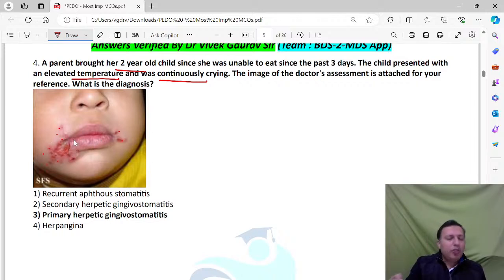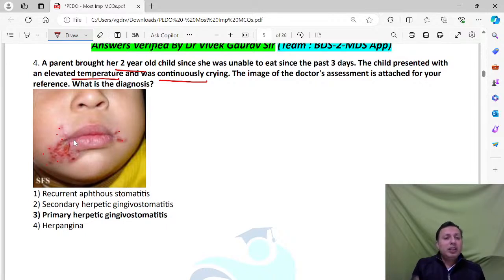Okay, and just now we have discussed that these are the classical signs of the herpes simplex virus leading to the acute herpetic gingival stomatitis. Now, sometimes when we treat this primary herpetic gingival stomatitis with drugs like acyclovir, and we give a lot of multivitamins, we see that sometimes it gets corrected, but in the later part of the age, we generally see the recurrence of this primary herpetic gingivitis with the formation of ulcerations on the lip and the cheek area.